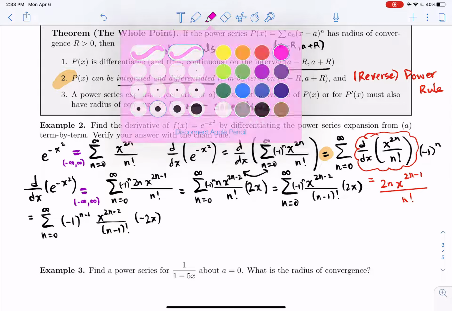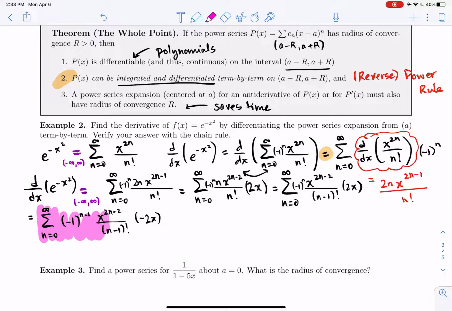Great, so this is hopefully looking familiar. This series right here is exactly what we said e to the negative x squared is. So that is e to the negative x squared times negative 2x. So obviously we can differentiate e to the negative x squared just using the chain rule, right?